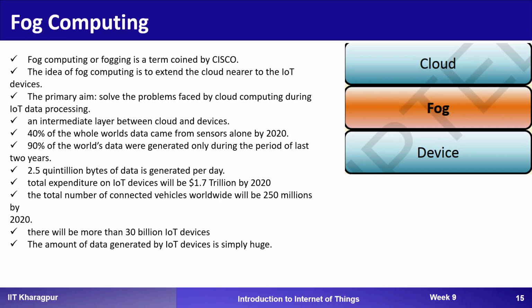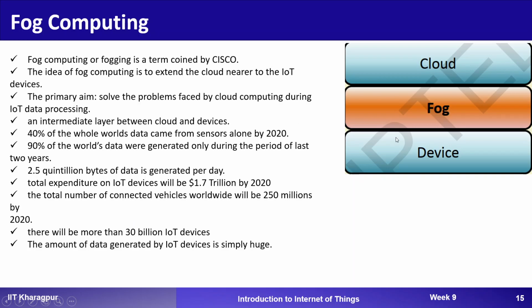In order to manage that data, it is difficult for cloud computing to manage such a massive amount of data. So there is a need for an intermediate layer between your cloud and your end devices, which helps the cloud to manage that data in real time.